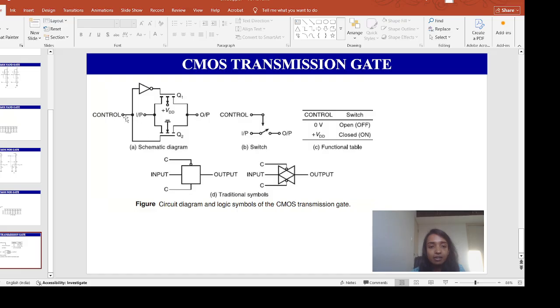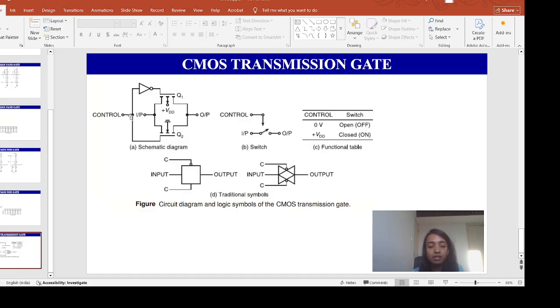The control signal is connected to the N MOSFET, and the inverse is connected to the P MOSFET. When the control signal is high, what will happen?